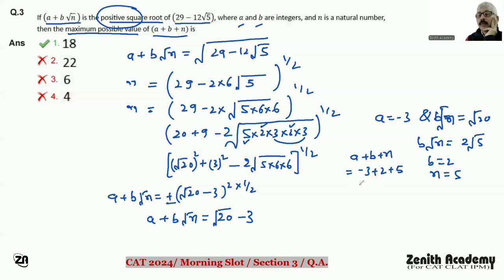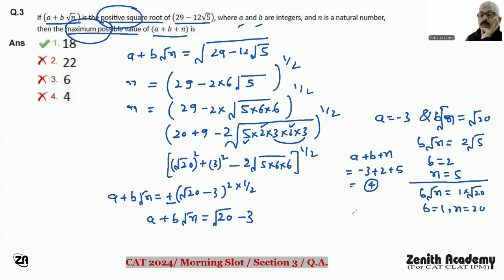This is 4. But wait, it is given the maximum possible value, correct? So for this, if I take b root n is equal to root 20 into 1, then in this scenario, b is 1 and n is 20.